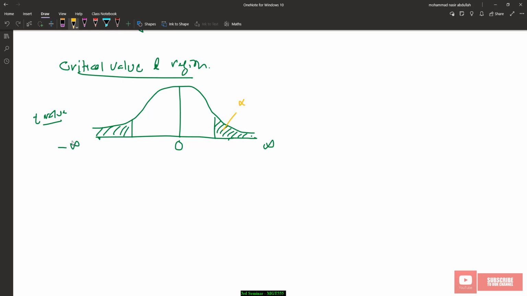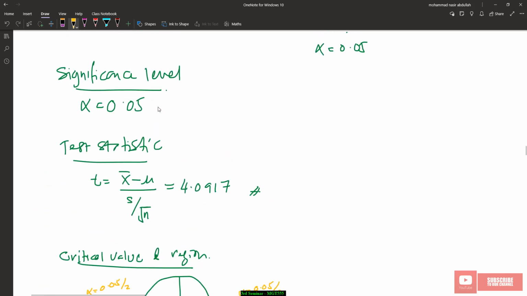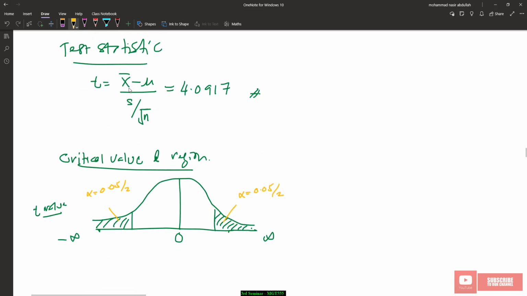So this area is alpha equal to 0.05 divided by 2. Because our alpha is 0.05, we share it by two sides. So we need to divide equally for the left-hand side and right-hand side. So alpha will be 0.025. This is alpha divided by 2. Right? Okay.